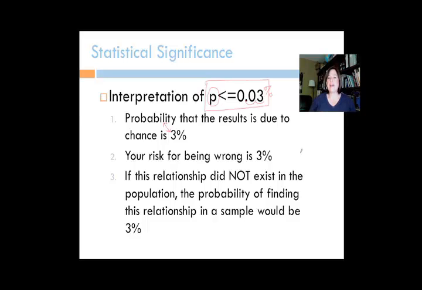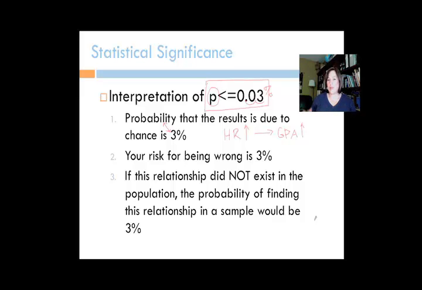That means we can be 97% certain that the relationship that we found, that as number of hours of studying goes up, our GPA will go up, is true in the population. 97% certain. That's pretty high. I wish we had that kind of certainty.